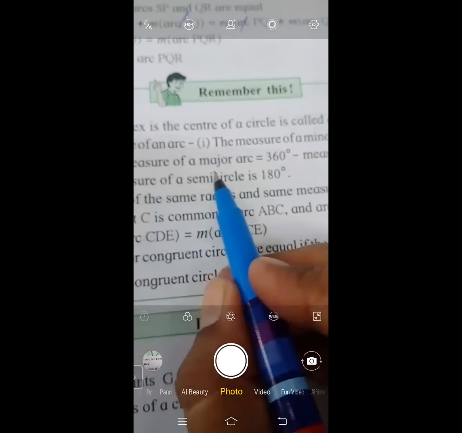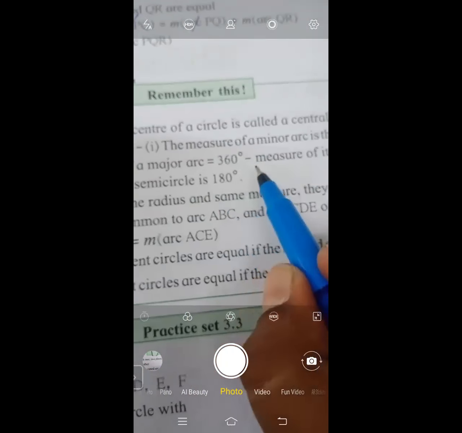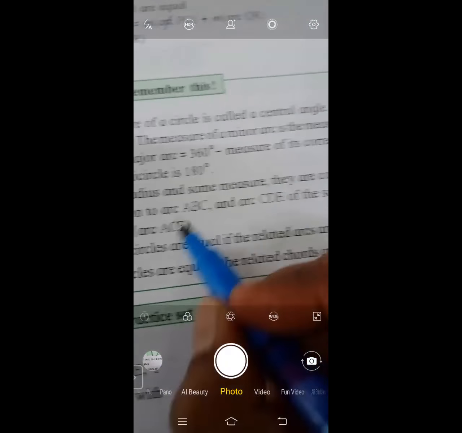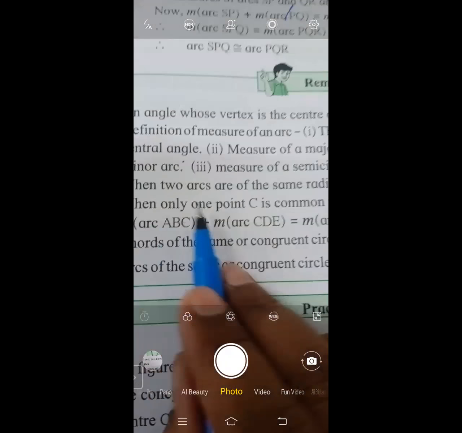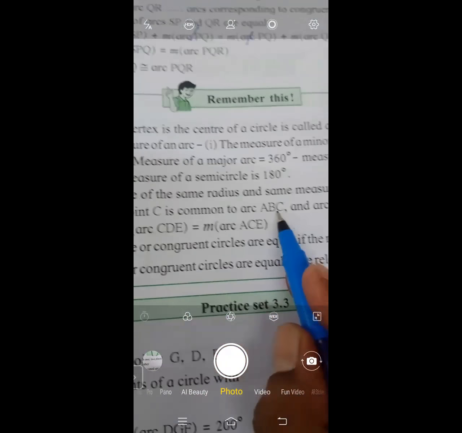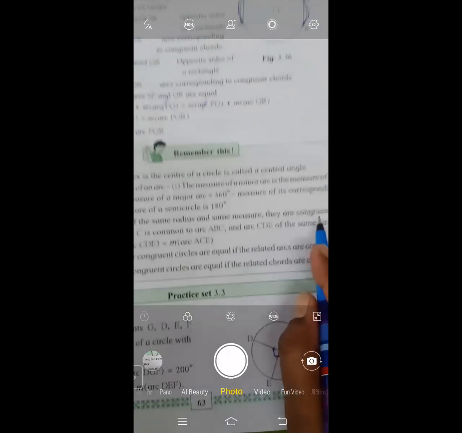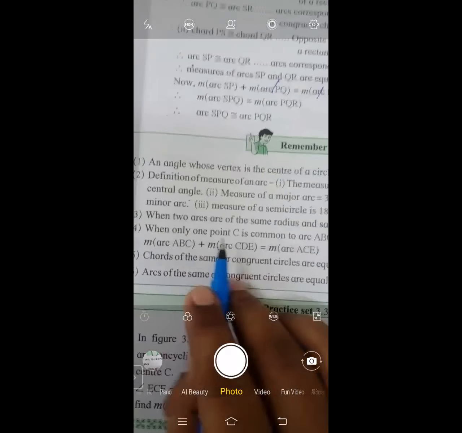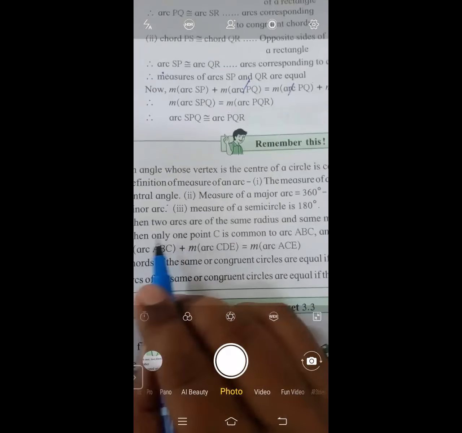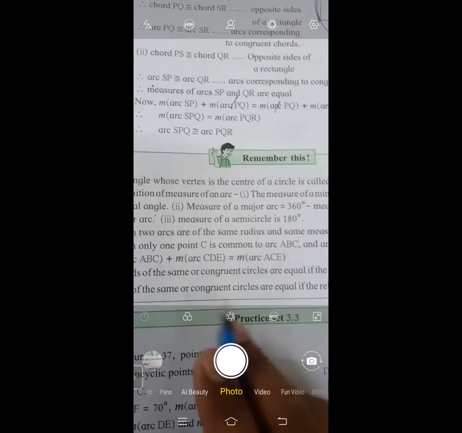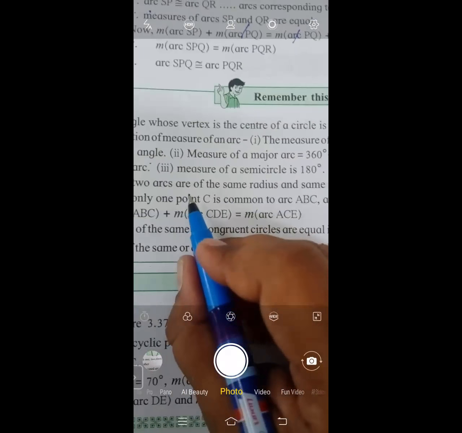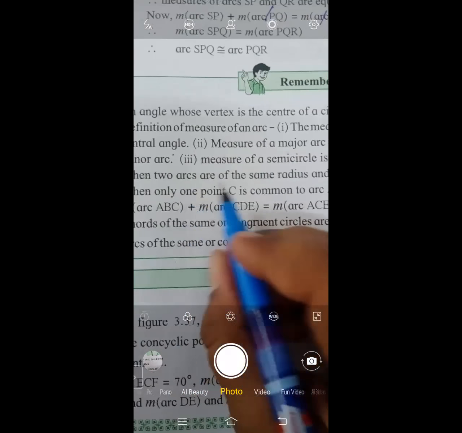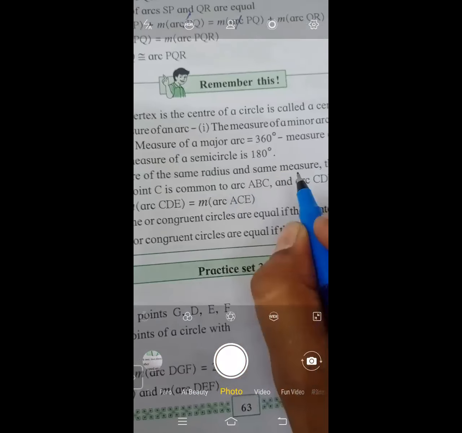Measure of the major arc is equal to 360 degrees minus the measure of the corresponding minor arc. This we have studied. When two arcs are of the same radius and same measure, they are congruent. Yes, this we have studied, that two things are required to make arcs congruent. Which two things are required? They should have the same radius.